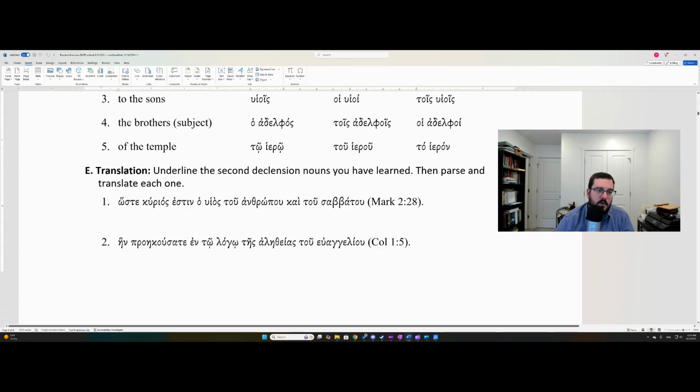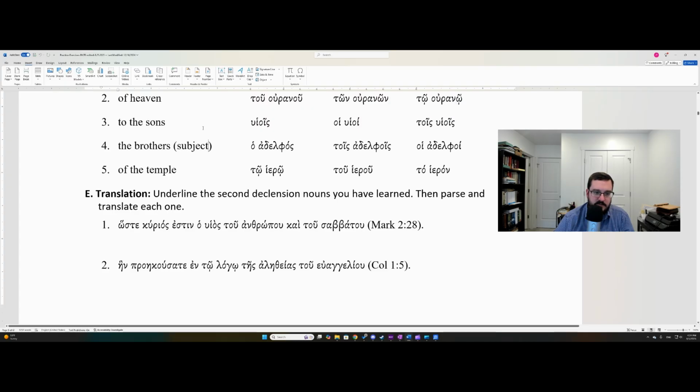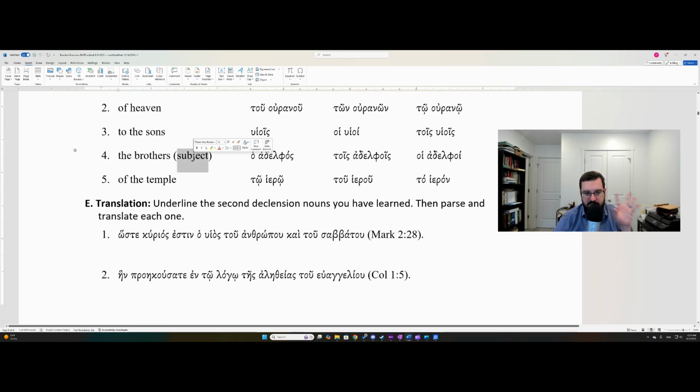Now we have 4, the brothers, subject. We'll just kind of put a big flashing neon sign, subject, right? Highlight that thing. This is what we want to see, right? I want to point out this is the subject. The brothers. All right, our first option, the brother, ho adelphos. Well, we know that's not right. It is a subject, and it is the brother, but it's singular.